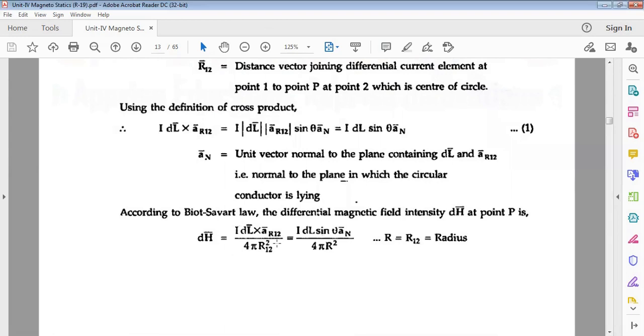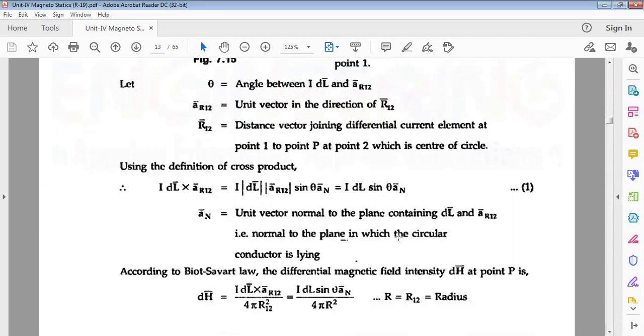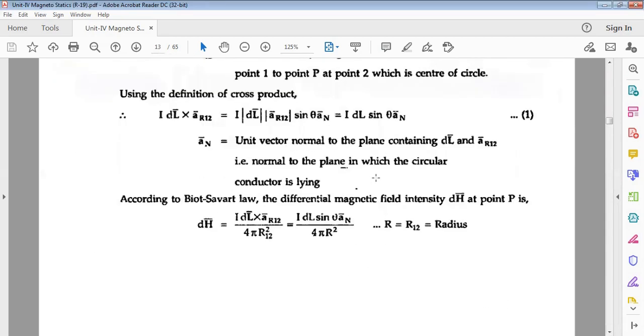So dH bar is equal to I dl bar cross a r bar by 4 pi r square, the magnetic field intensity due to the line element. Now dl bar cross a r bar becomes dl sine theta a n bar, where a n bar is a unit vector with value 1. So dH bar is I dl sine theta a n bar by 4 pi r square. Here r is the radius of the circle.